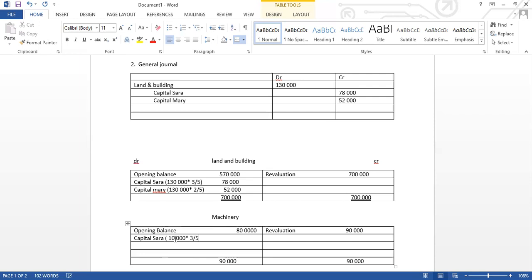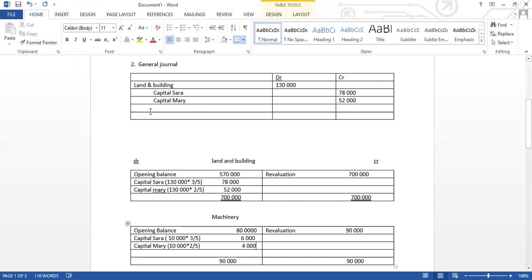So how much will we get? 6,000. And then we move on to capital Mary, which will be 4,000. 10,000 multiplied by 2/5, which will be 4,000.